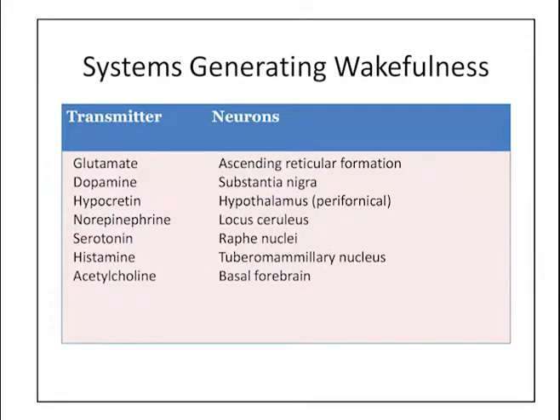So let me show you the complexity of wakefulness. There are multiple transmitters that are each contributing to wakefulness. Each of the neurons has different parts within the brain. Now, I do not want you to memorize this. But what I want you to know is that these transmitters are redundant in that any injury to any one cell or any one transmitter will not completely abolish wakefulness.